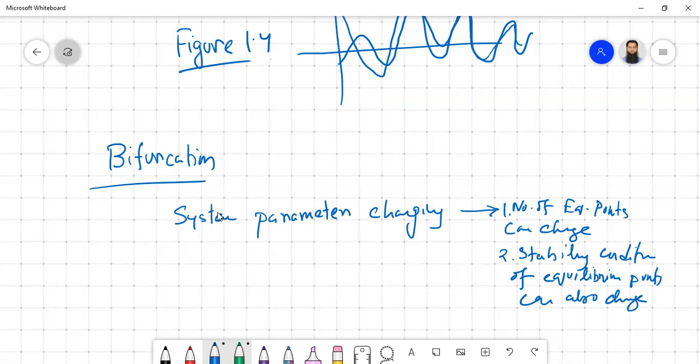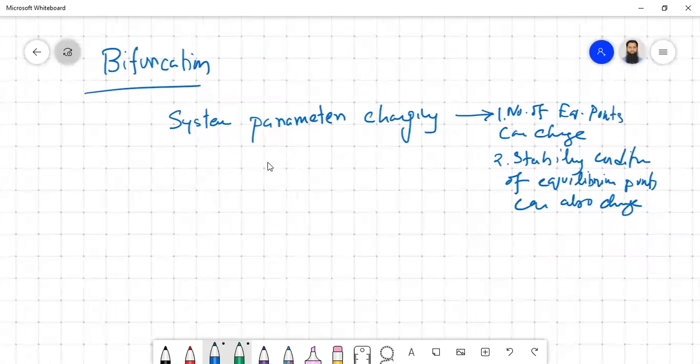Okay, so one example is given using a mechanical system: x double dot plus alpha x plus x cube equal to 0.